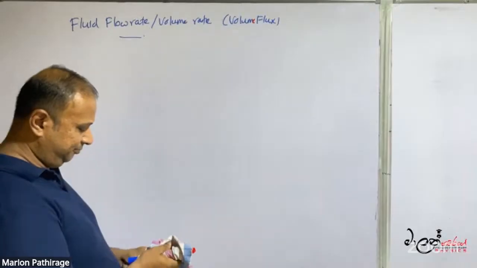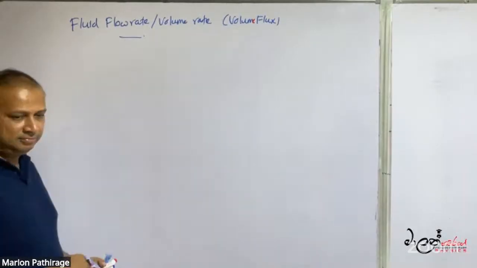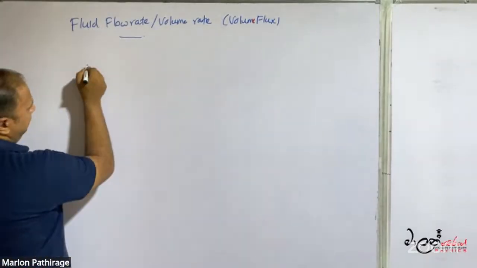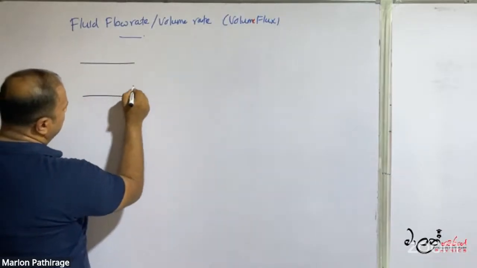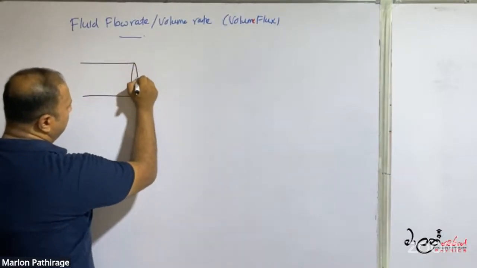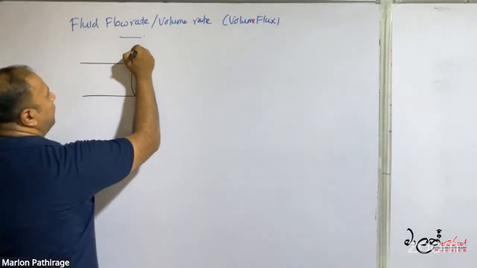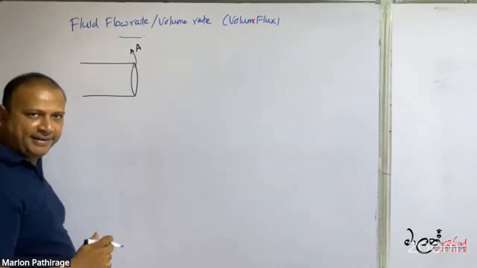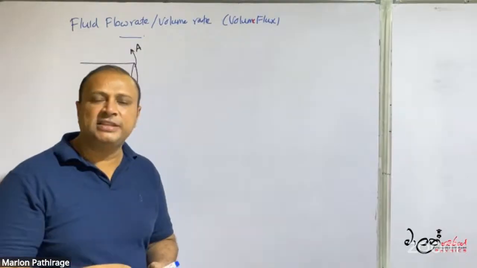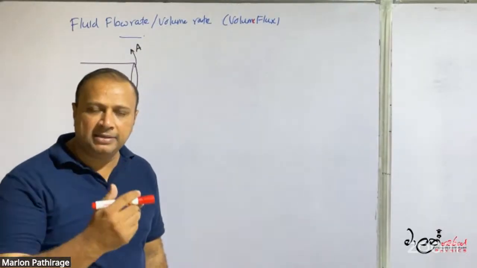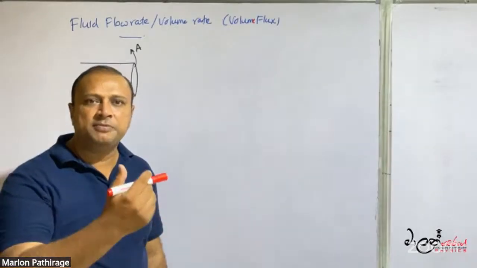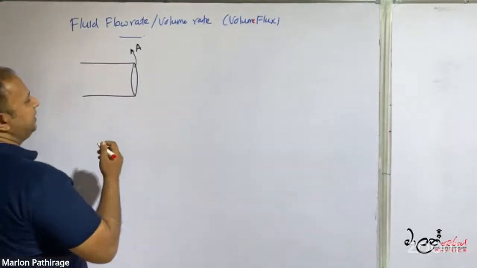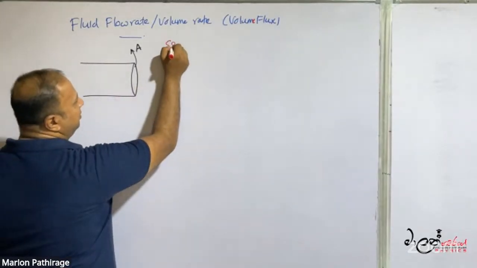Well, suppose there is a tube of cross-section area A. Suppose the fluid flows at a speed of V m/s.